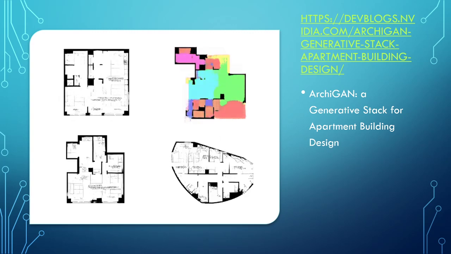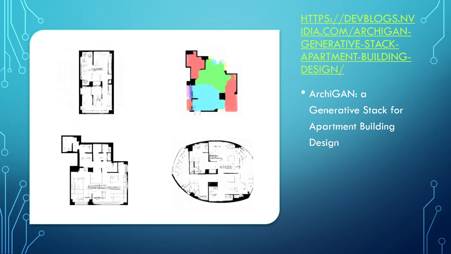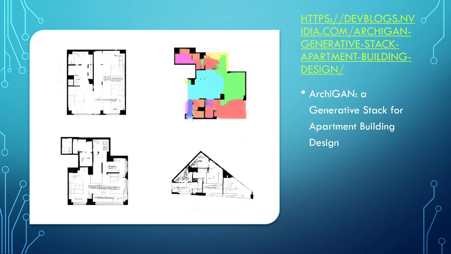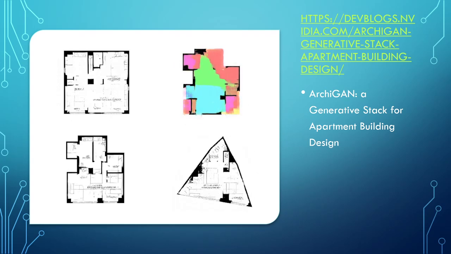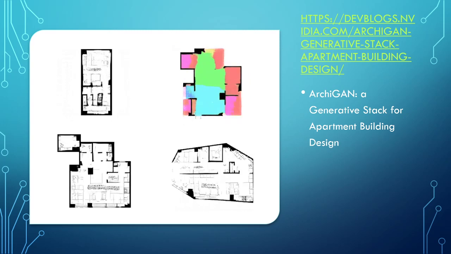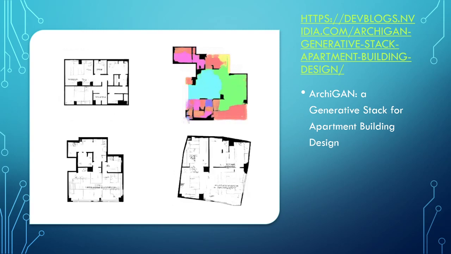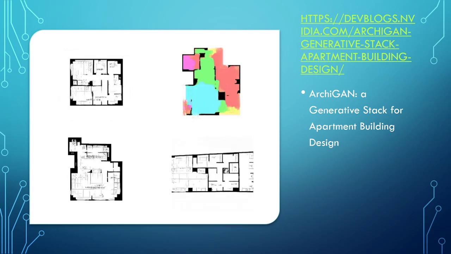So the walls move, the rooms move, all the interiors move, so all the furniture and stuff, and you can flex it however way that you want, and then it's constantly generating an output for you. And what it does is it actually learns from images from before, which is really cool.